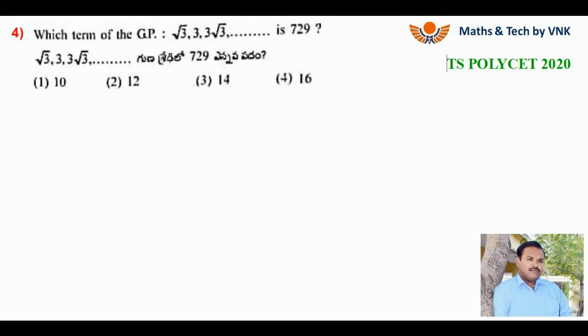Next question is which term of the GP root 3, 3, 3 root 3 and so on is 729. Given the nth term of a geometric progression Tn is equal to a r to the power of n minus 1, which is equal to 729. We have to find the n value. The first term in the given geometric progression is T1 is equal to a is equal to root 3, and the second term T2 is equal to 3.